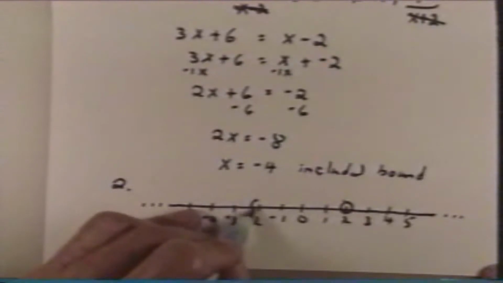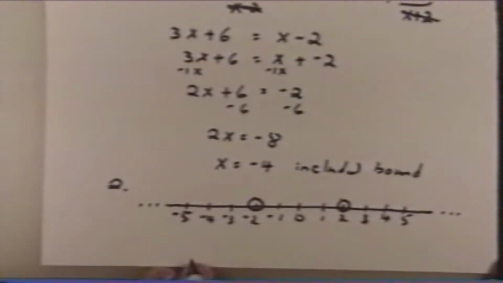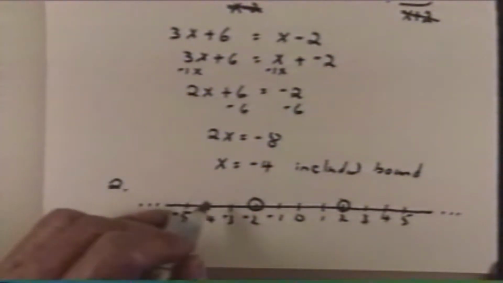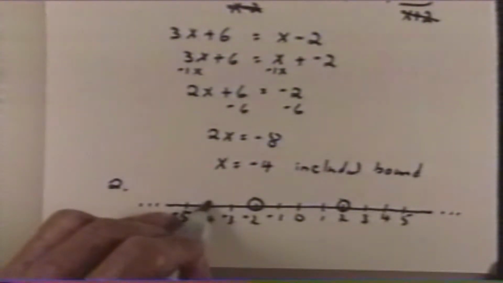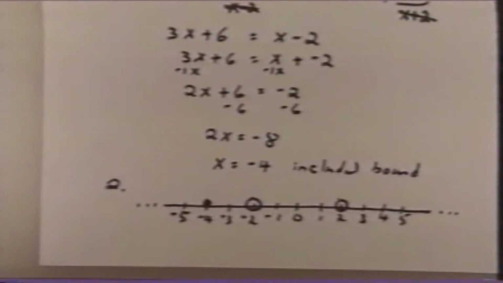So I put an open dot at 2, an open dot at -2. -4 is an included boundary. So I put a solid dot at -4.